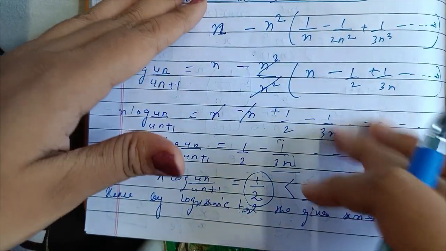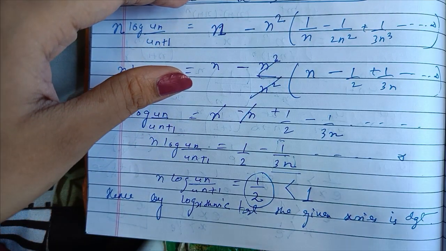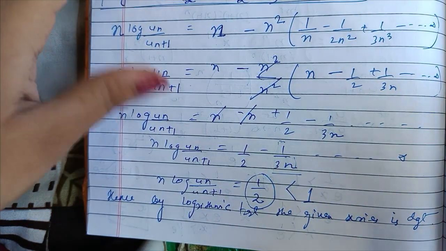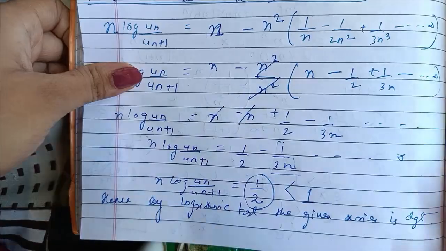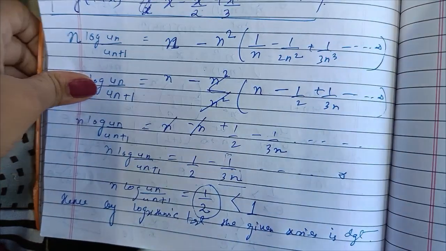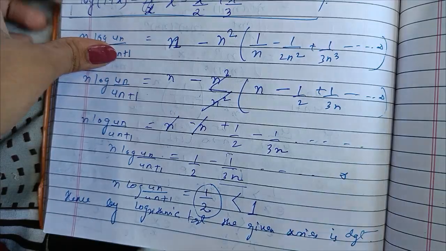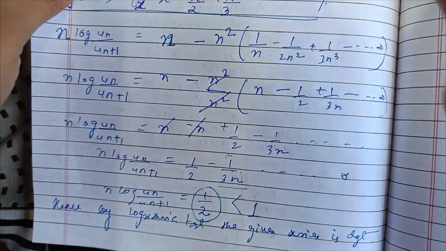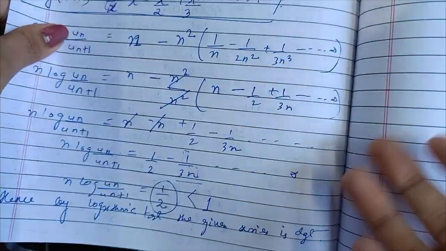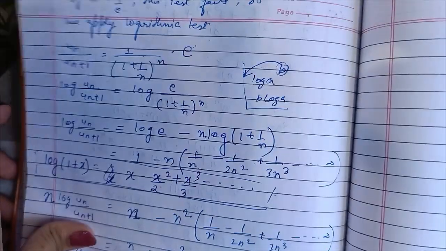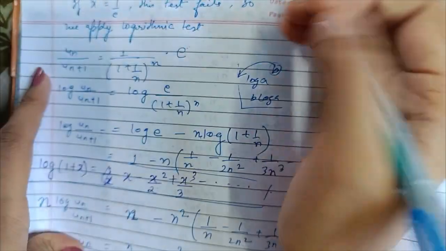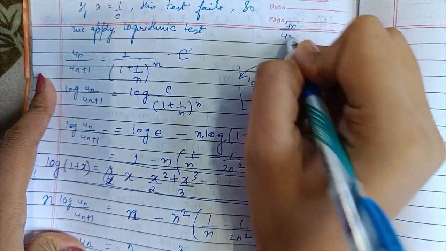We will now deal with a question that has the higher logarithmic test, because in your book you will find a lot of questions which are similar to this. With 1 upon x or 1 upon e to the power x, the result will be the same, and then you have to solve the same way as I solved. First you have to solve the ratio un by un plus 1.